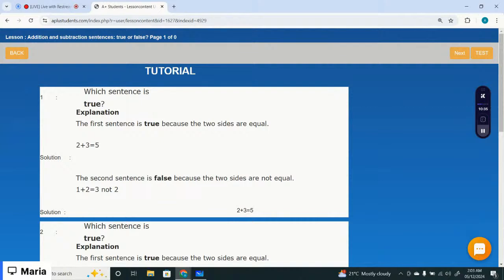Which sentence is true? The first sentence is true because the two sides are equal. So you have to add and see which two sides are equal, right? So 2 plus 3 equals 5. And the second sentence is false because the two sides are not equal. 1 plus 2 equals 3, not 2.